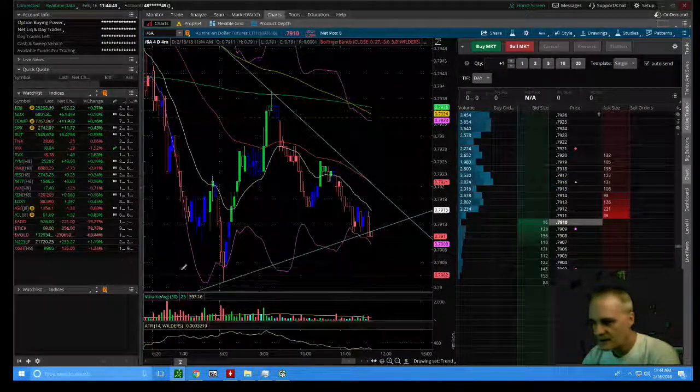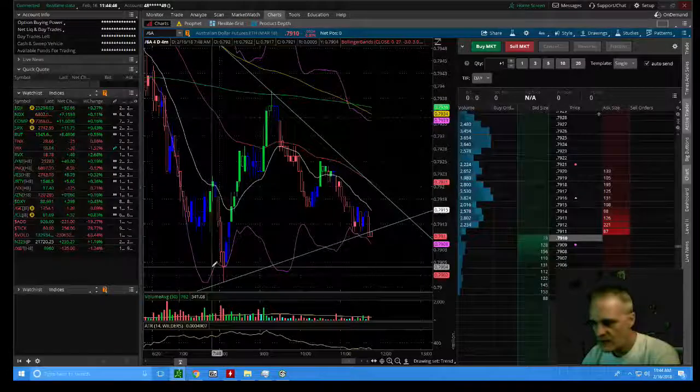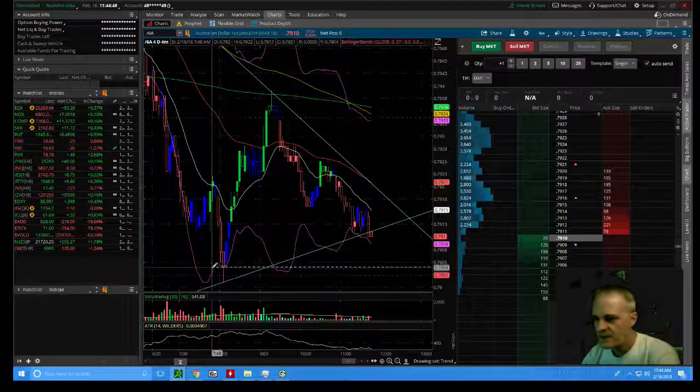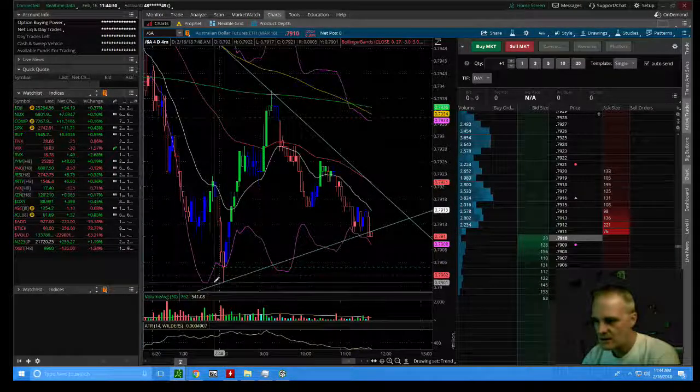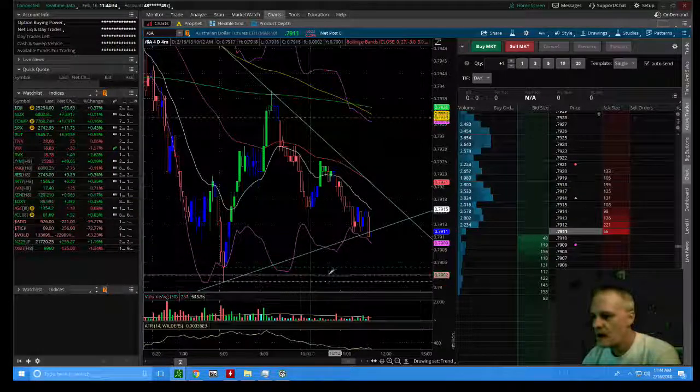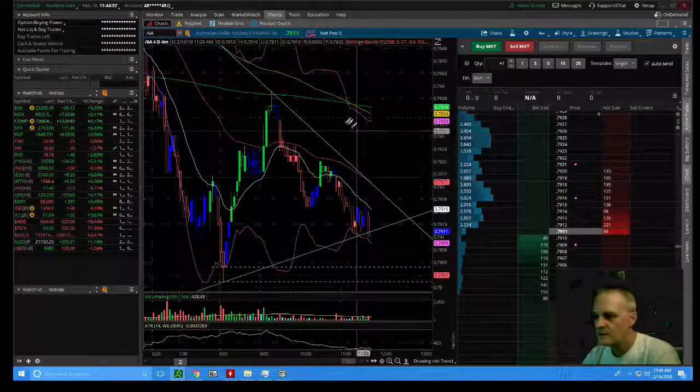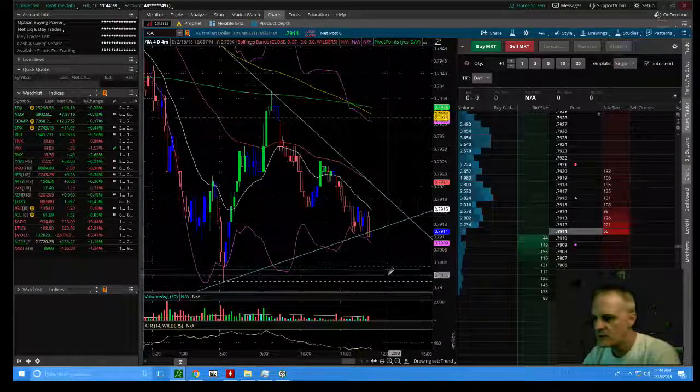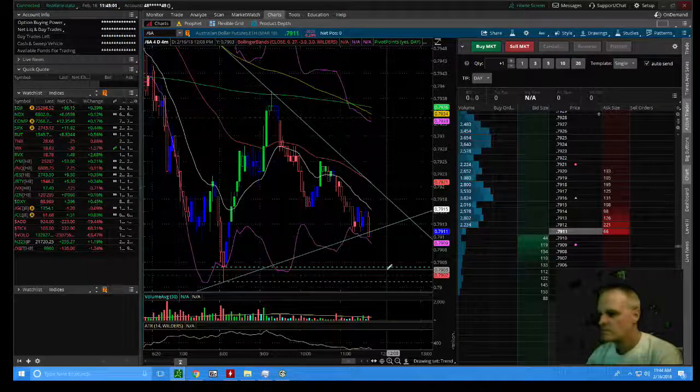Well, I think this level right here has possibilities as well as right here. So either side of this pivot point, this is the midpoint of yesterday's move, this pivot point is the first level of support.